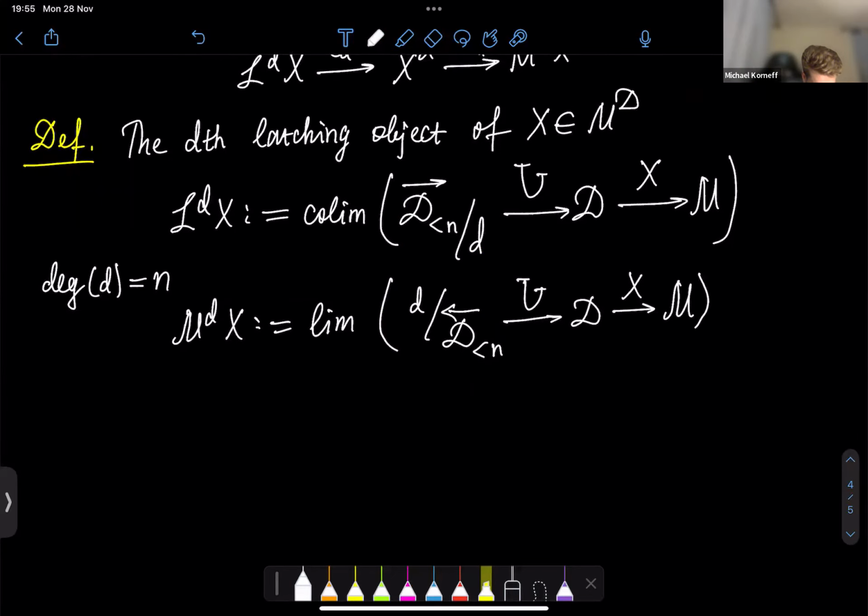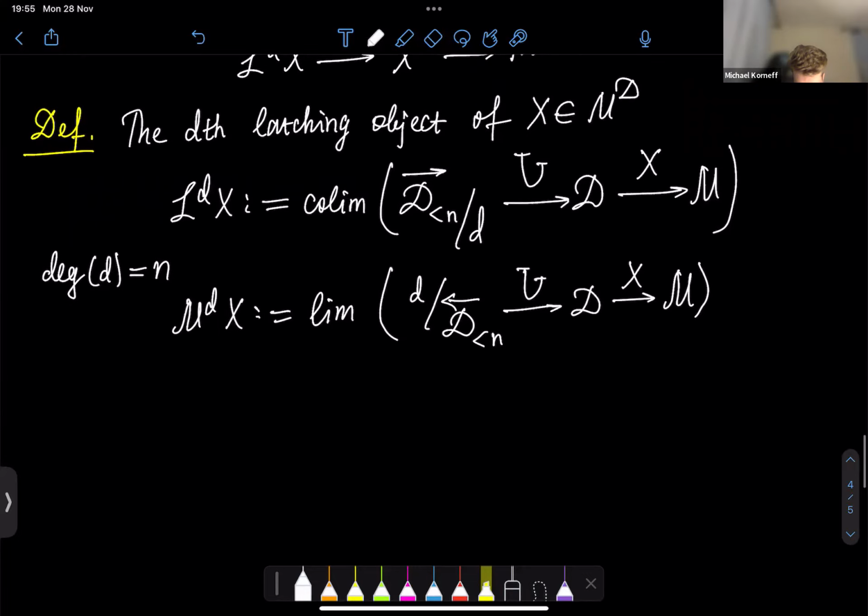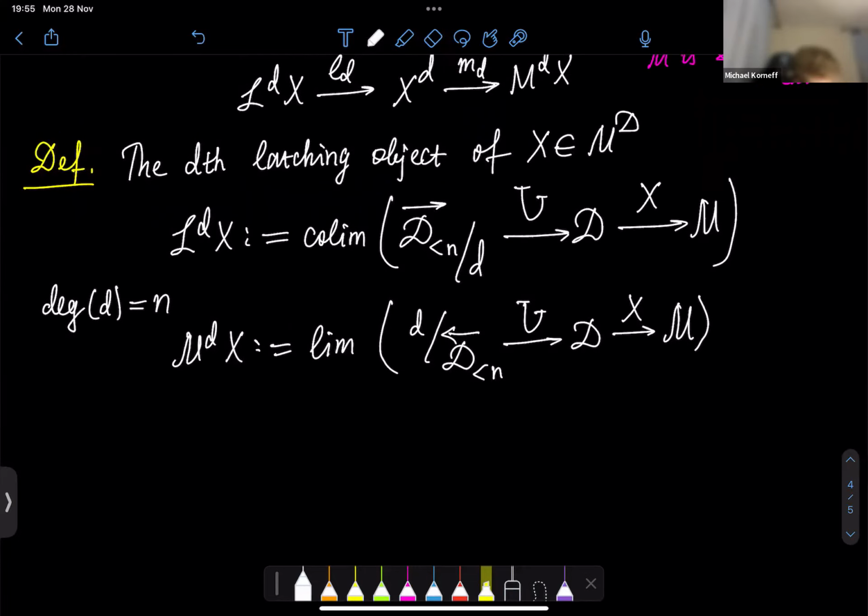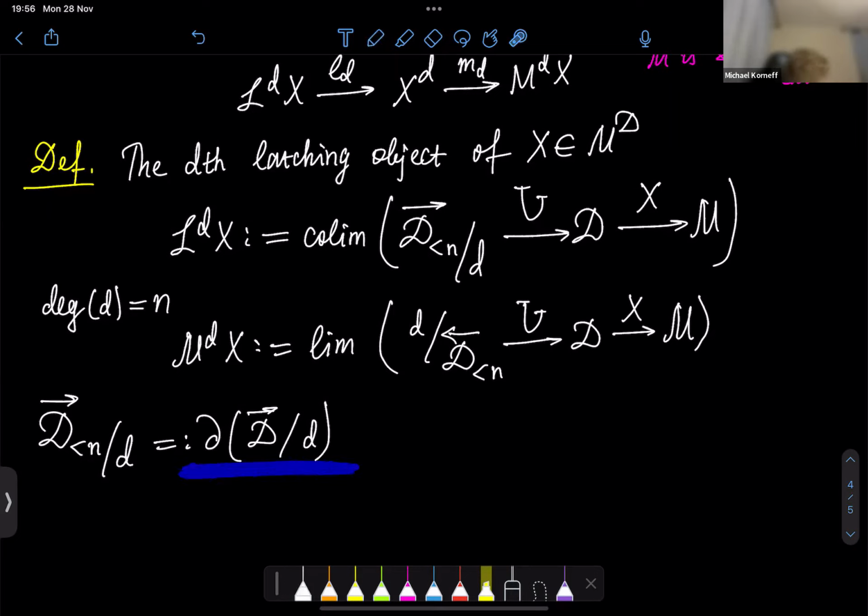Also we will sometimes denote this category like this. It means that we eliminate the terminal object from this category, and of course it is the same as this notation.